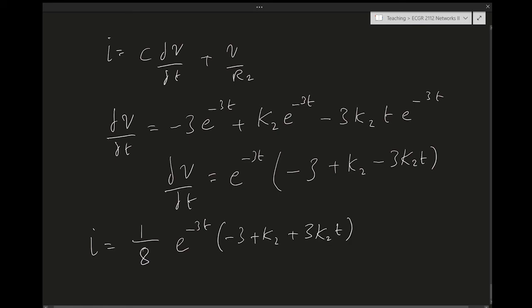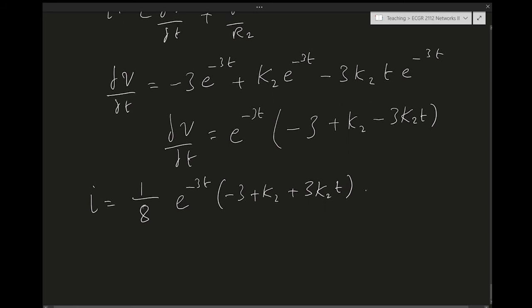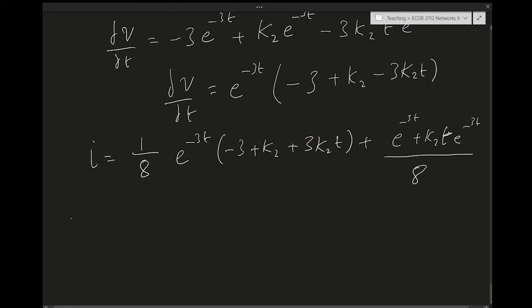And then V, which we calculated, is going to be plus e^(-3t) plus K2 t e^(-3t), this whole thing divided by R2. R2 is 8. So plug in t equals 0, where I is half an amp. This simplifies things: this term goes away because t equals 0.